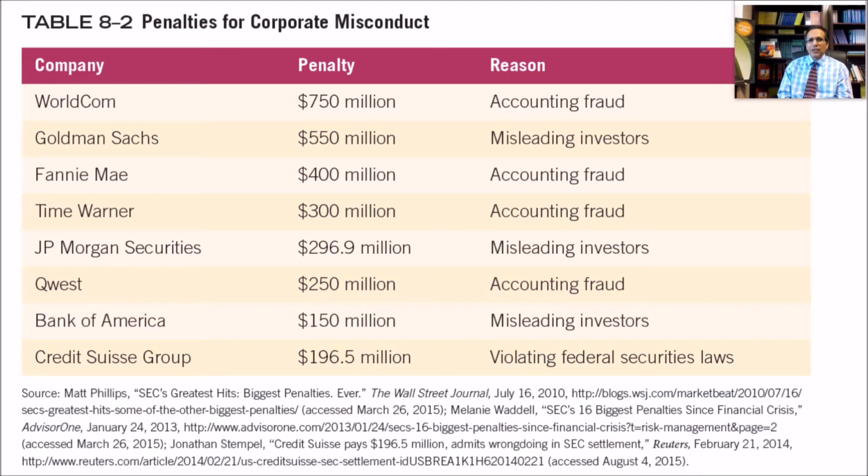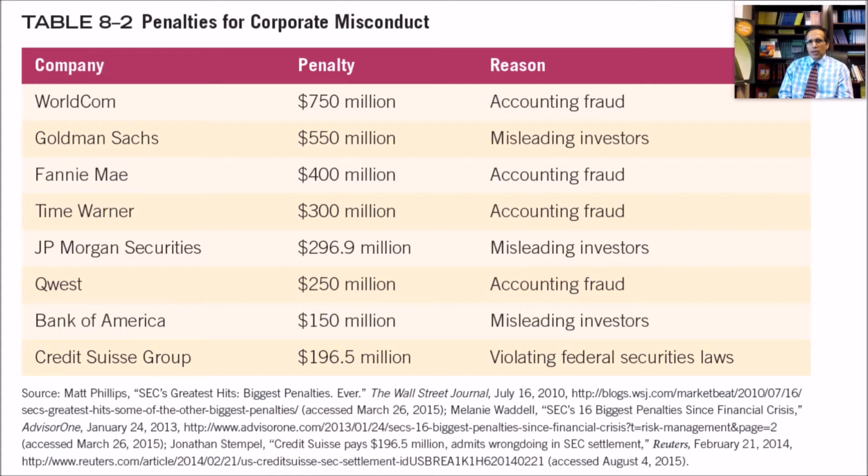Qwest had a $250 million fine for accounting fraud, and Bank of America had a $150 million fine for misleading investors. Credit Suisse Group had almost a $200 million fine for violating federal securities laws.